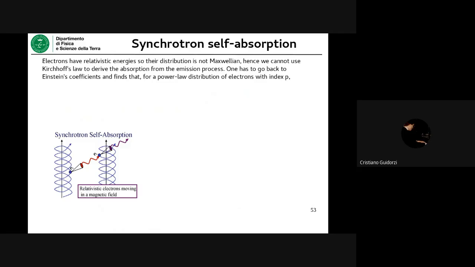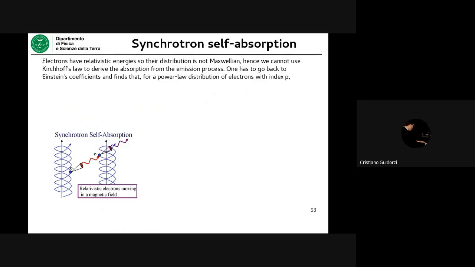But if you're interested in this, you can have a look, for example, at Rybicki-Lightman, which provides you with a very full detailed treatment. What instead here we want to obtain is the scaling of alpha, so the scaling of the absorption index, the absorption coefficient, in particular on the magnetic field intensity and on frequency.